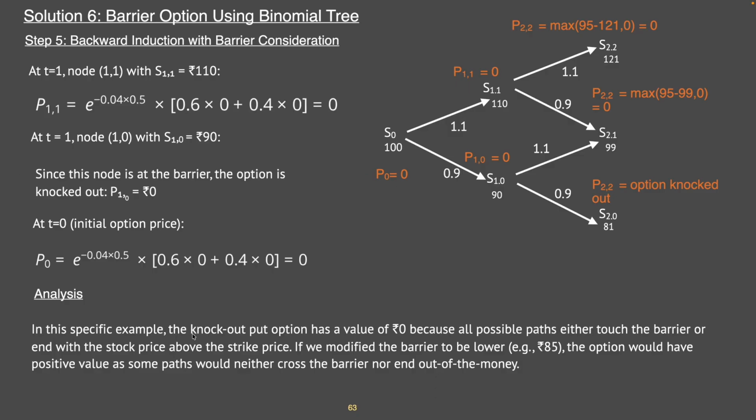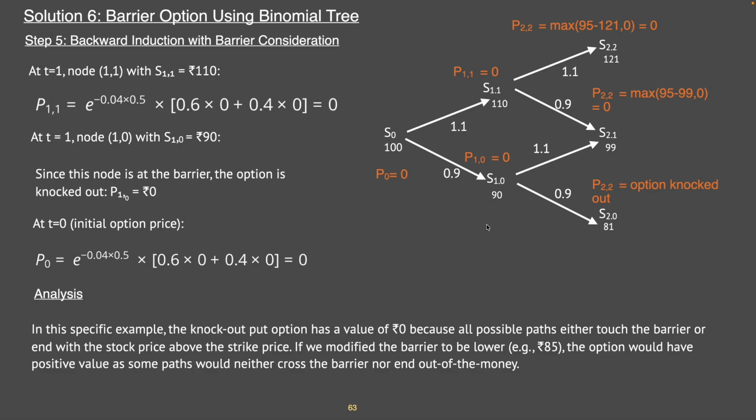So this is what the analysis says. In this specific example, the knockout put option has a value of 0 because all possible paths either touch the barrier or end with a stock price above the strike price. Here 121 and 99 are stock prices greater than the strike price of 95, and S20 is 81, which is less than the barrier price.